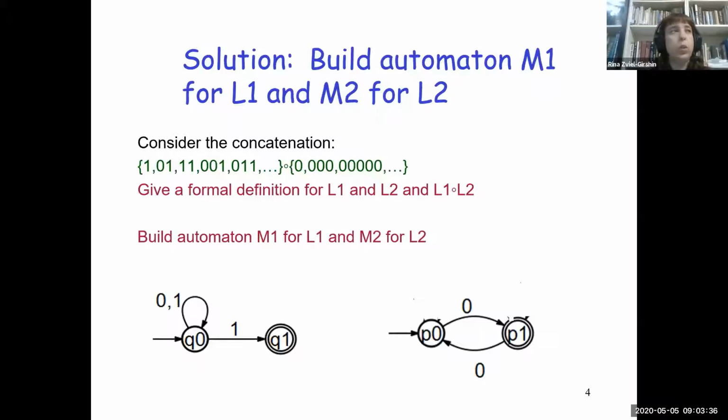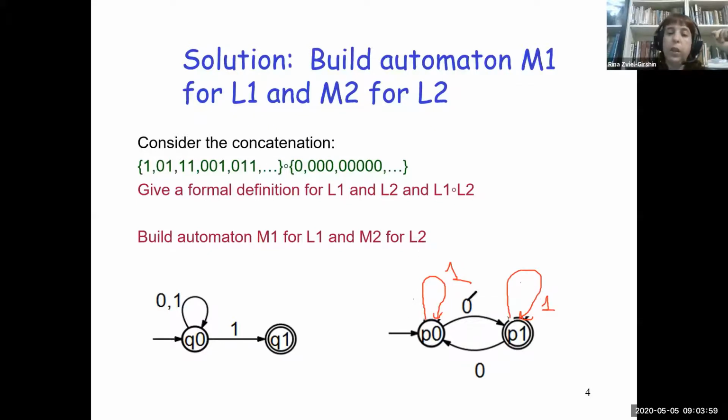For students who are using the solutions from previous semester, please pay attention that a mistake was in the solution of the lectures. They drew the self loop with 1 here and there, and it's not okay.